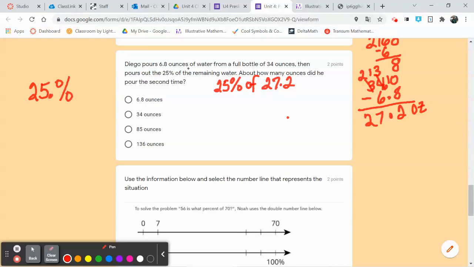The decimal sign's behind the number, 2 to the left, 1, 2. 0.25. So this is what your multiplication problem looks like: 27.2.